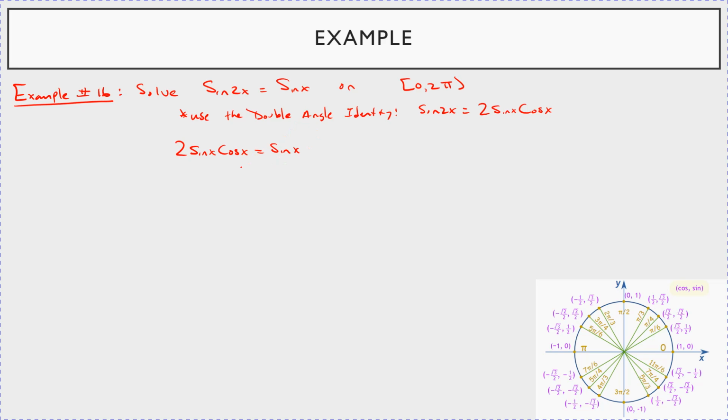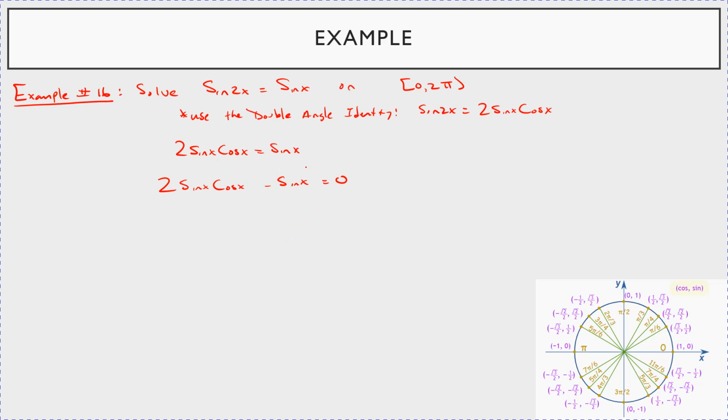Now there's always this propensity to say, oh, let me just divide the sines and they'll cancel out. But you don't want to do that. What you want to do is subtract the sine over, because if you divide, you're going to end up missing some of the possible solutions. So you have 2 sine of x times cosine of x minus sine of x is equal to 0.